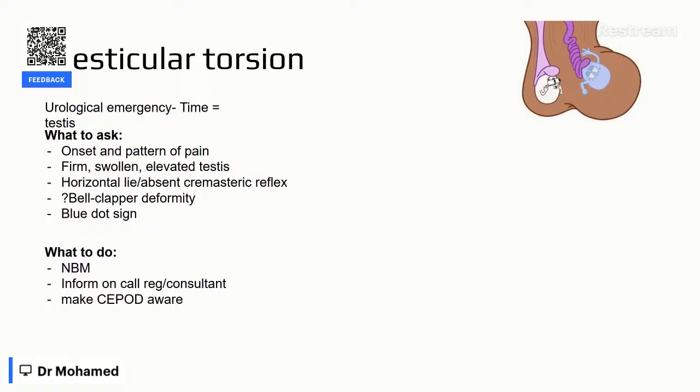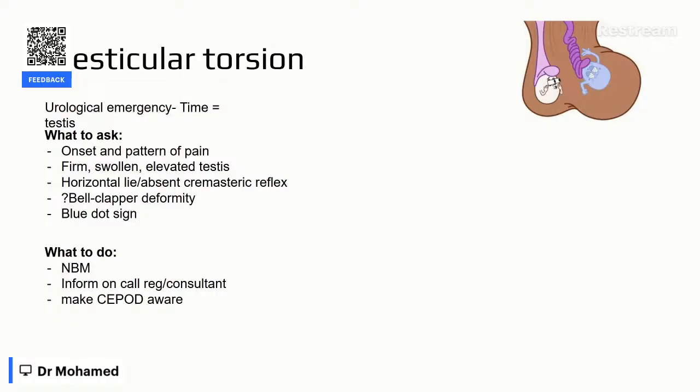It's also called the hydatid of Morgagni. The blue dot is literally a small blue dot on the testis, which is just that ischemic torted appendage. And that is a different pathology, which is also very painful, but doesn't require surgical management and is kind of conservative management.